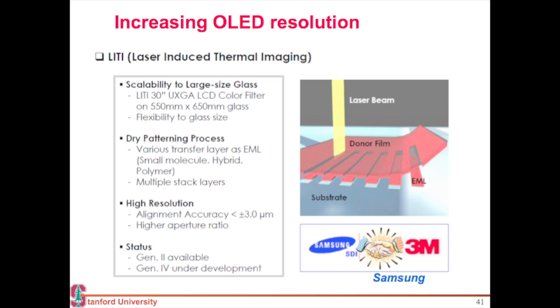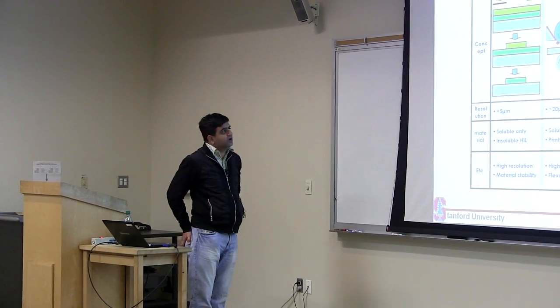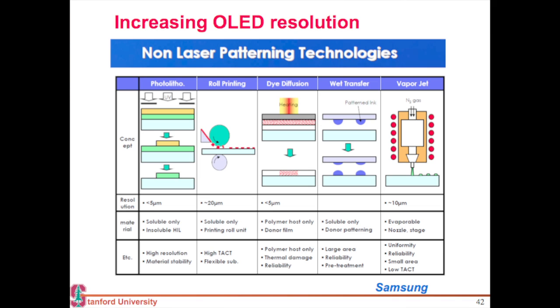What you do in that is you have these layers of dyes that you want to print, and then you scan it with a laser, and that deposits that layer. And you could have a roll process for your laser, so it could be fast as well. This is not the only option. People are looking at multiple technologies. You could do lithography, which would give you a good resolution, but it would be expensive.